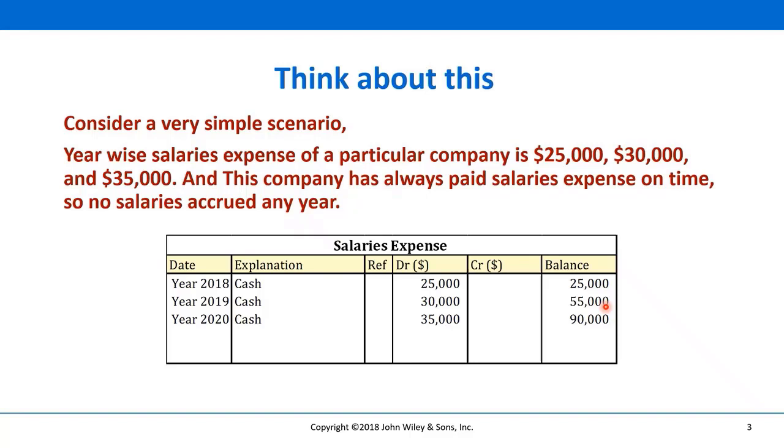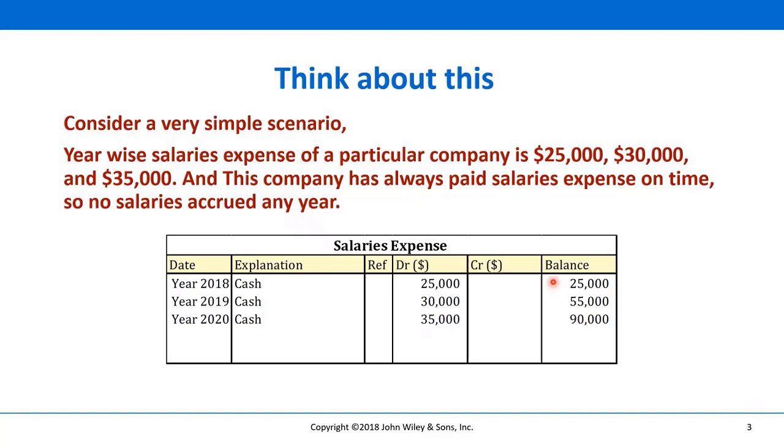Okay. So remember that we prepare our financial statements from the trial balance, or to be specific, the adjusted trial balance. And I hope you remember that trial balances are prepared directly from the ledger. So whatever balance we get from the ledger, we put it on the trial balance, and then the trial balance moves to the financial statement.